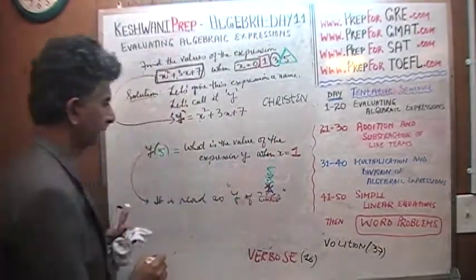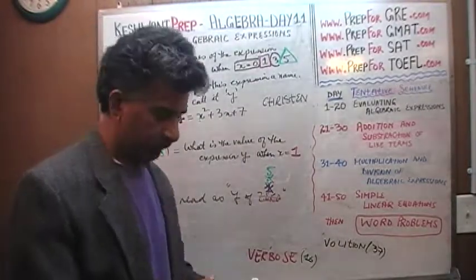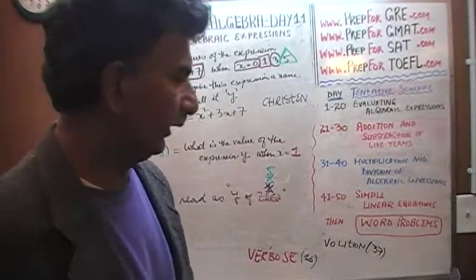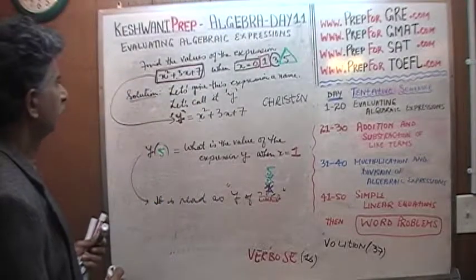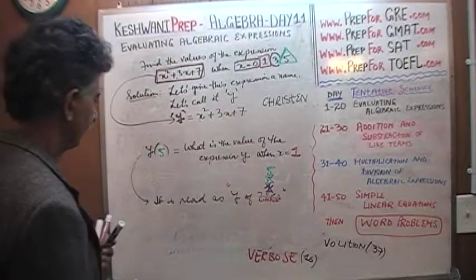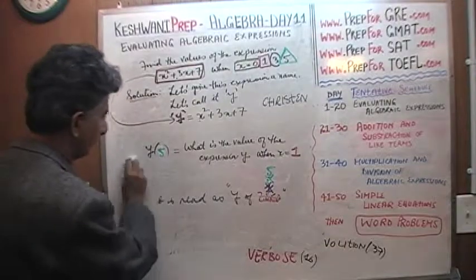Y of 5. So let's first find y of 0, then we'll find y of 1, y of 3, and then y of 5. That's how one speaks. I need a lot of room, so I need to erase some stuff. It is read as y of 5. I need to erase this thing.